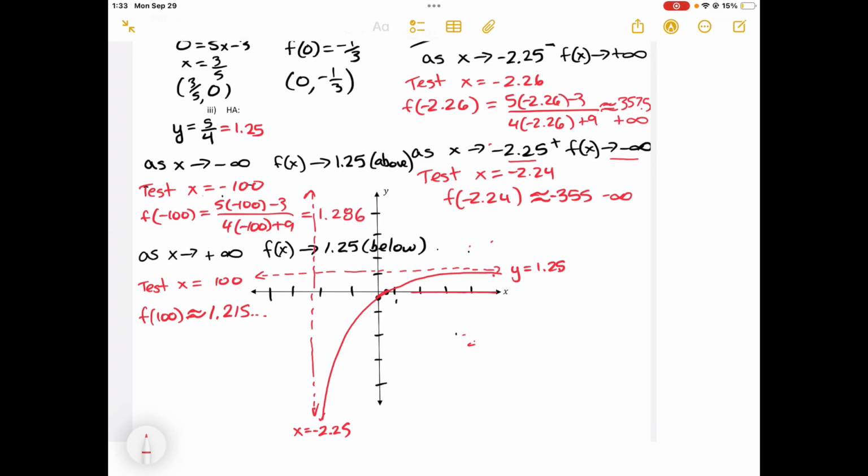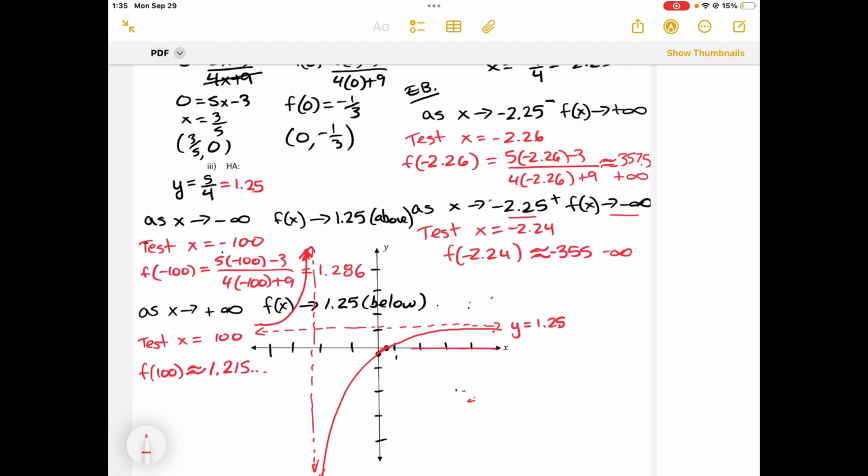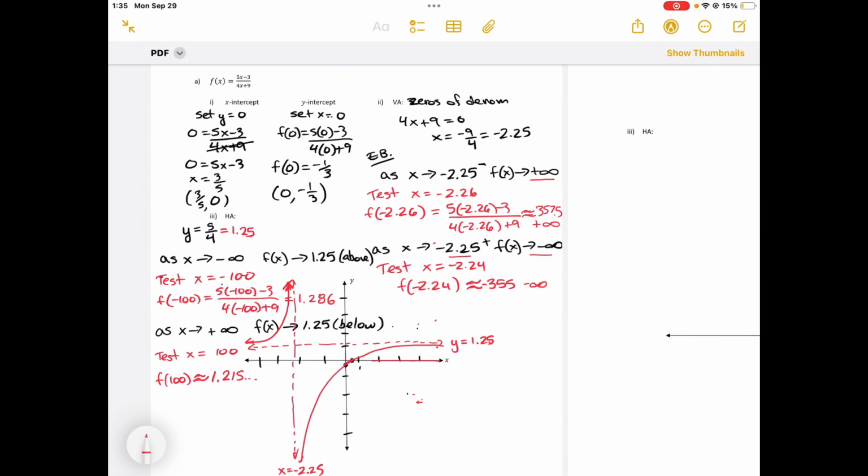Then on the opposite side, as I approach my vertical asymptote from the left, I'm going up to positive infinity. Up here, I've got my end behaviors. As I approach my asymptote, my function is going up to positive infinity, and then I'm going over this way. And that is how we take all of our information and put it together into our rational function graph.